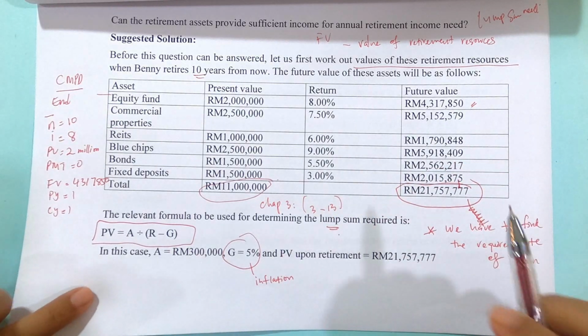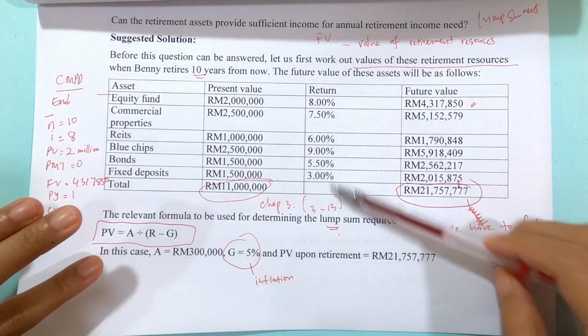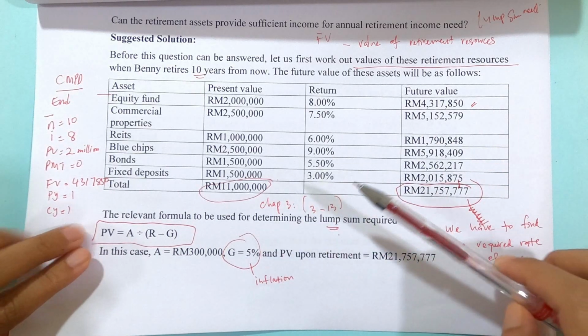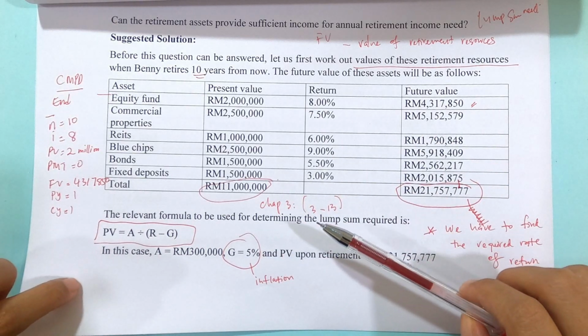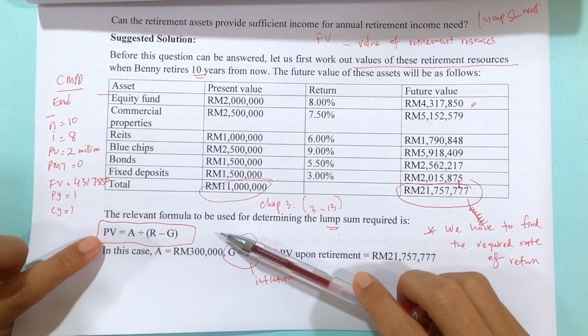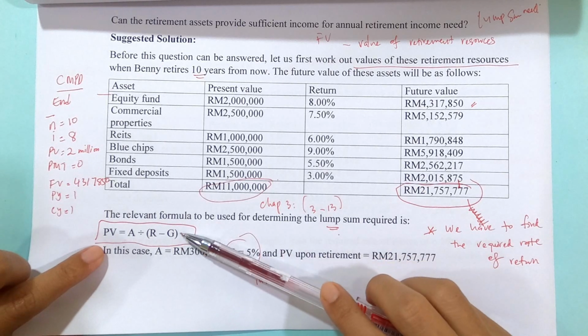The point is that we know this is the return, but we don't know the required rate of return. If we look at the formula in the case of capital conservation with inflation factors, here is basically the formula.